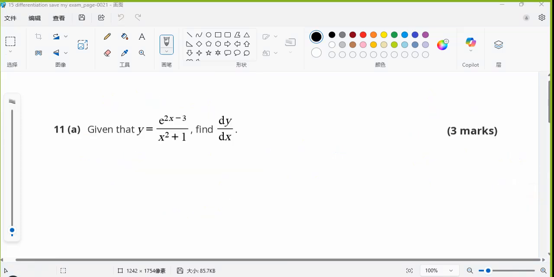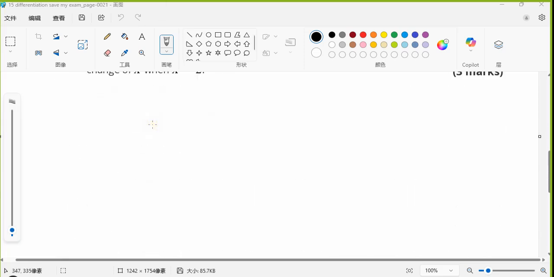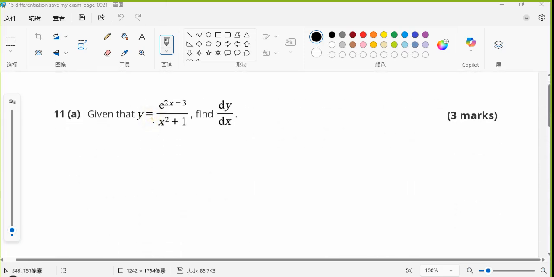Question number 11. So we have y is this, and then we want to find the dy dx. So we have the y equal to u over v. y prime will be the v u prime minus u v prime over v square.